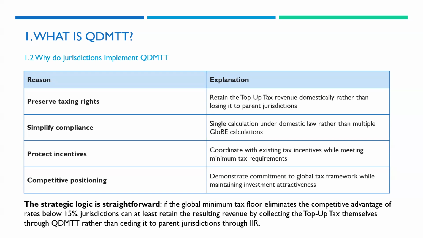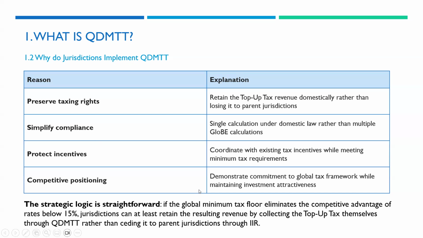If you are a desalination company setting up, it is vital that we have desalination plants here, and if you're doing it as a private business, then we'll give you some incentives because it's much needed for the people. Same like India, which does not have oil. If you're building an oil refinery in India, I'll give you some incentives. So those incentives can still be protected, and it is not that those companies would be subjected to Pillar Two. Whatever the local incentives are, they would be protected, and also competitive positioning.